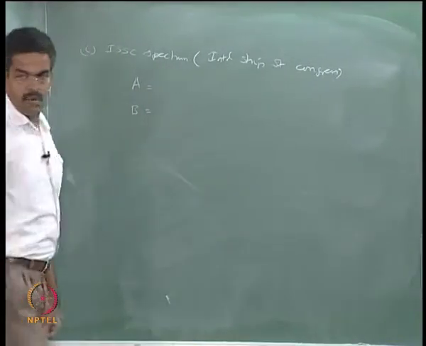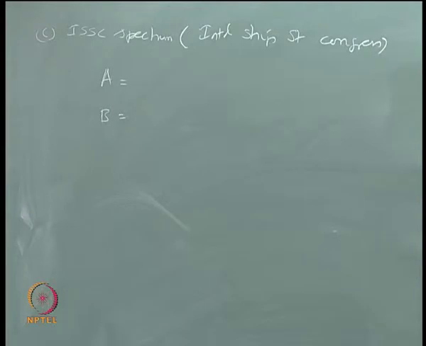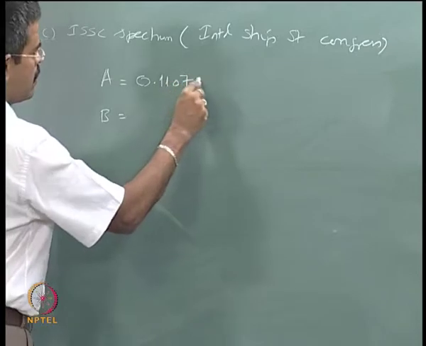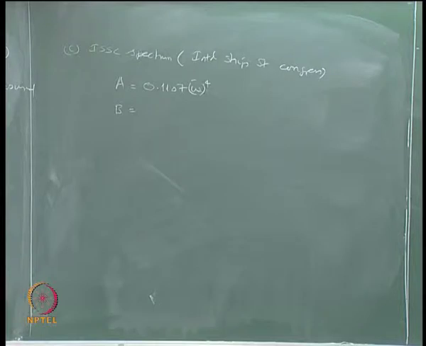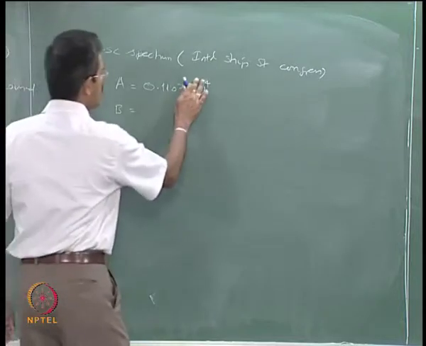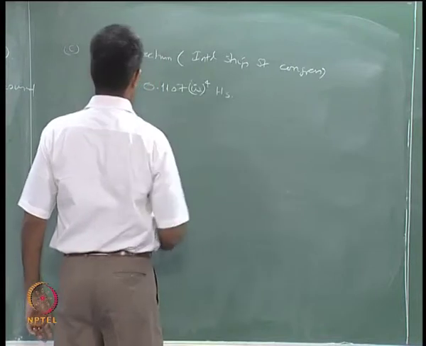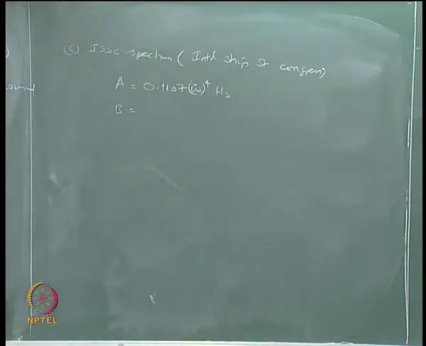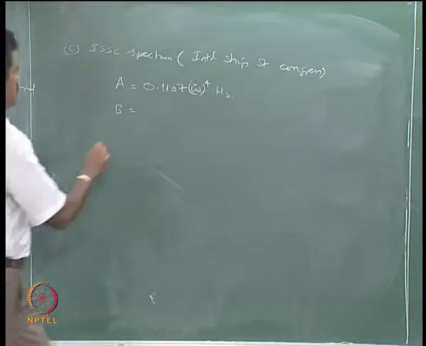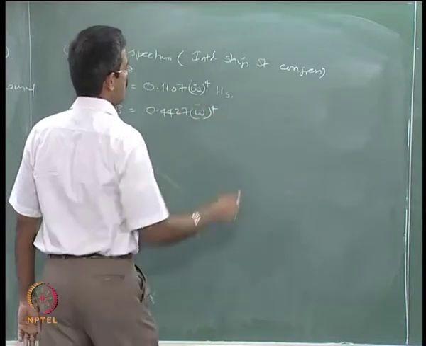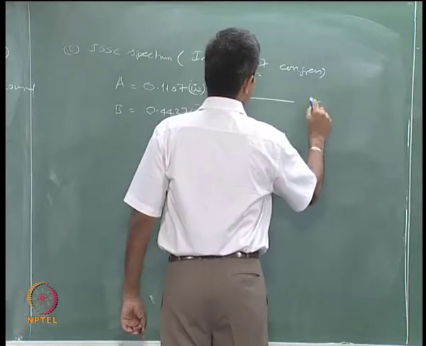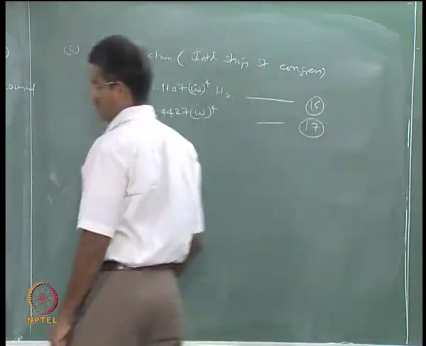In this case A and B constants are redefined as, call this equation number 16, 17.